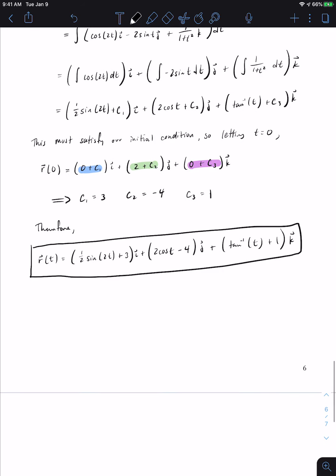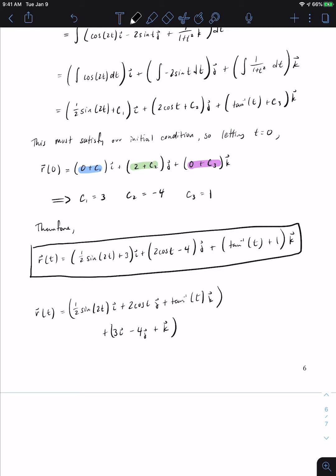Another way we could think about this is, remember, it was our antiderivative plus c. So this could be 1/2 sine of 2t i plus 2 cosine of t j plus tangent inverse of t k, plus now all the individual pieces, so plus 3i minus 4j plus k.